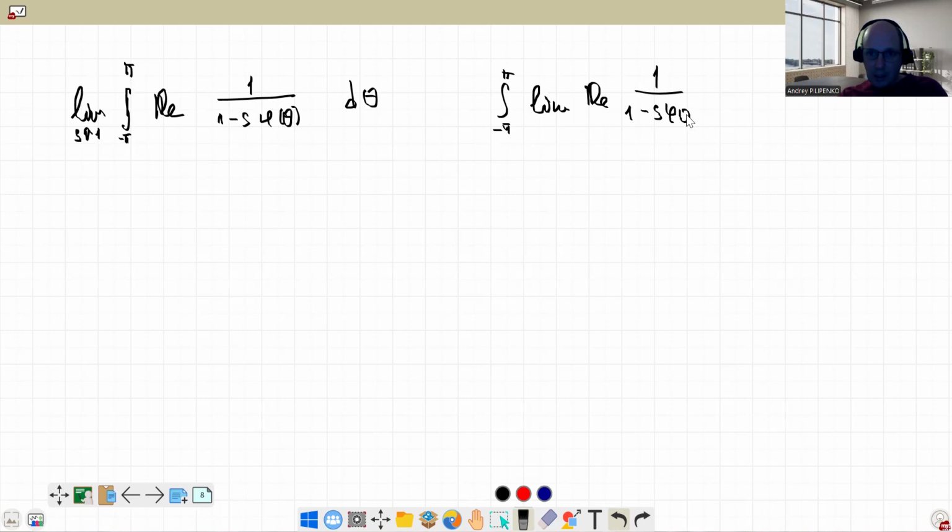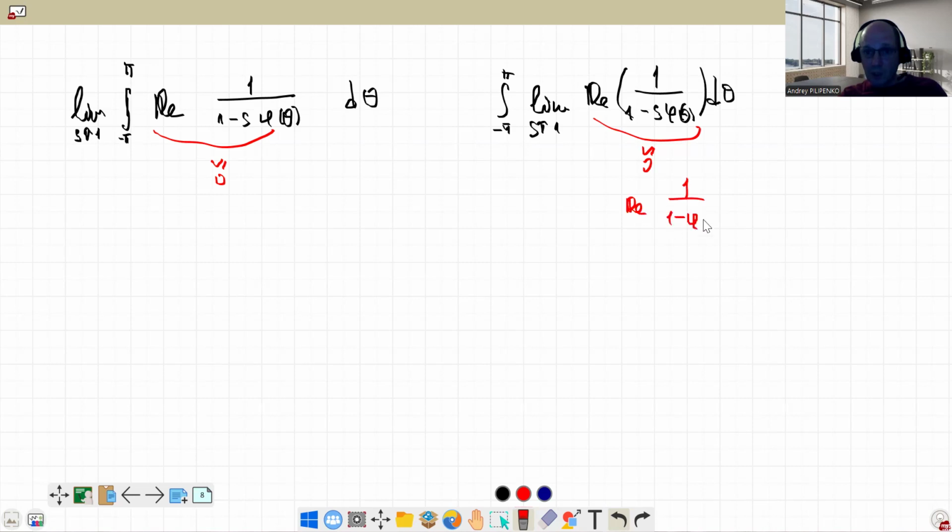The hint is this. Well, all of these numbers are non-negative, and the limit of this is equal to the real part of 1 minus phi of theta. And what is the inequality between this, and who proves the corresponding theorem?